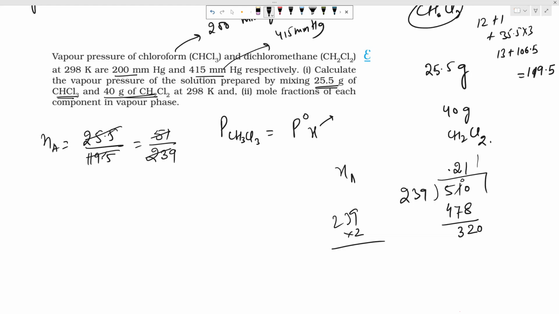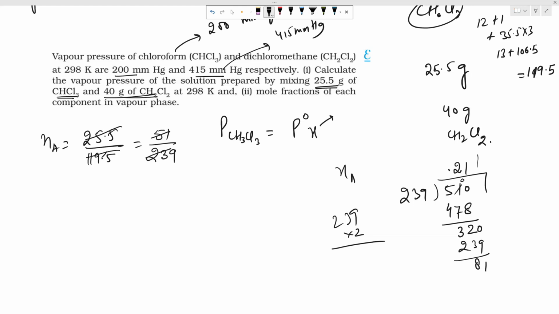You will get 239. What will you get here? If it is 40, 240, and this is 20, you will get 60. You can write 1, and this is 12, and this is 81.